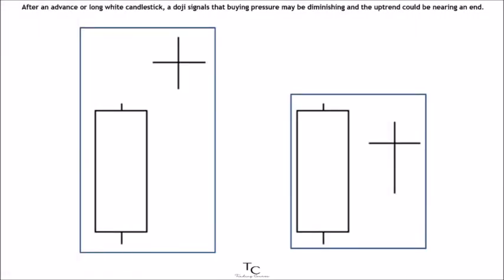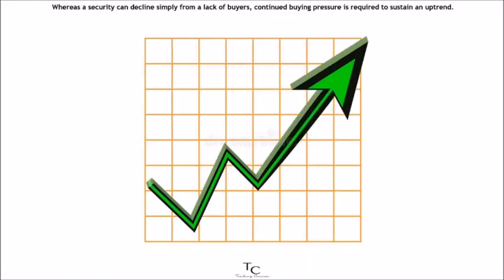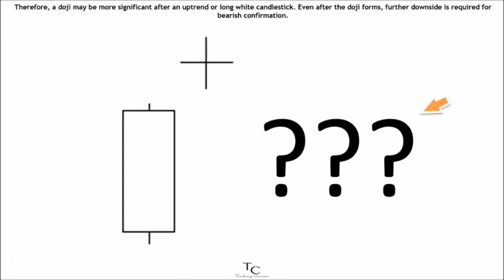After an advance or long white candlestick, a doji signals that buying pressure may be diminishing and the uptrend could be nearing an end. Whereas a security can decline simply from a lack of buyers, continued buying pressure is required to sustain an uptrend. Therefore, a doji may be more significant after an uptrend or long white candlestick.